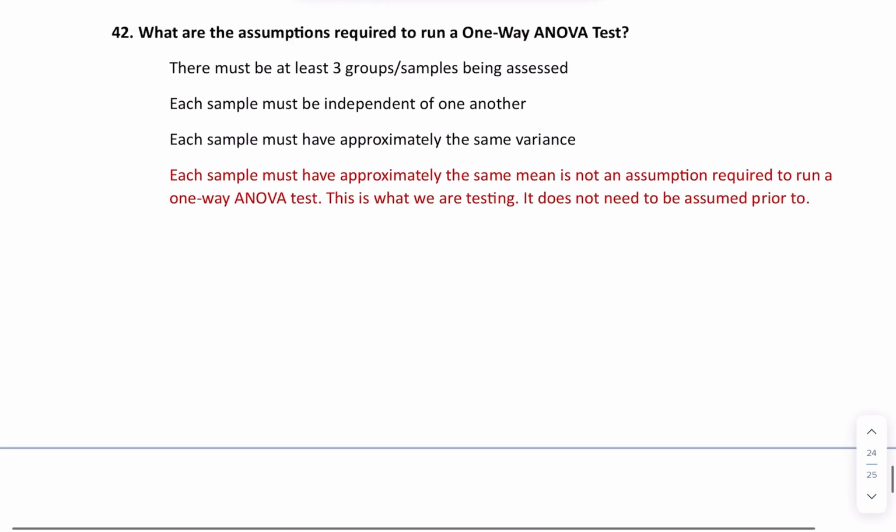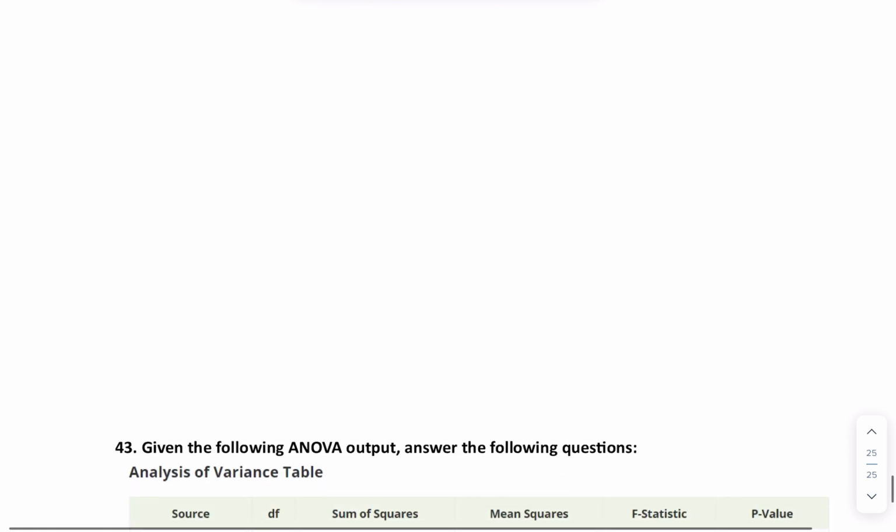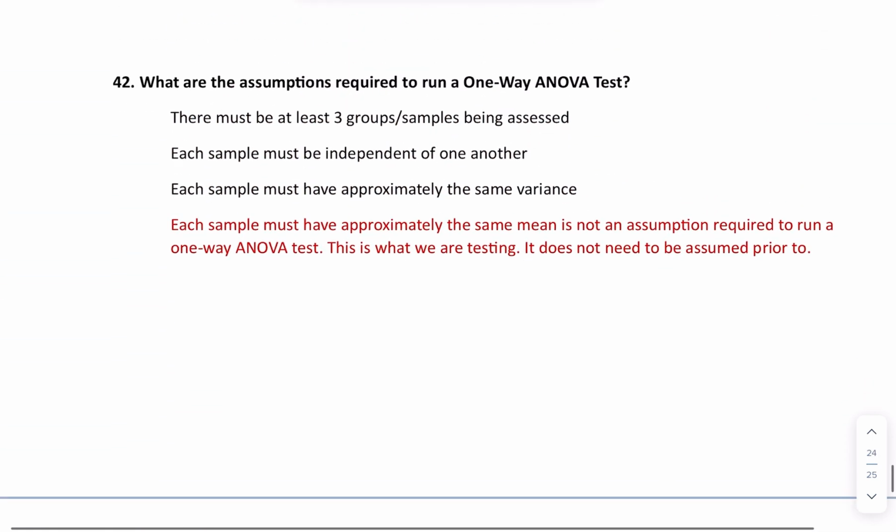Okay. And I think we got two more left. Okay. So number 42, what are the assumptions required to run a one-way ANOVA test? Okay, so we talked about this one a little bit, that we need to have at least 3 groups or samples being tested. It's important that they're independent from each other, so that you're not including data points in one group into another group, and that all of them have their own data sets basically. And here you want to approximately have the same variance.